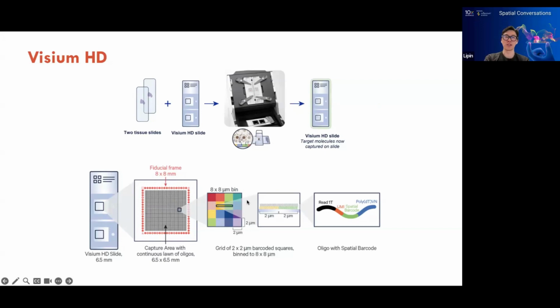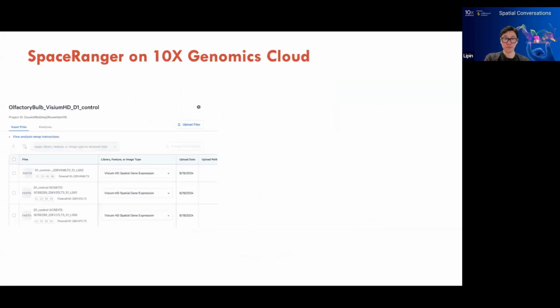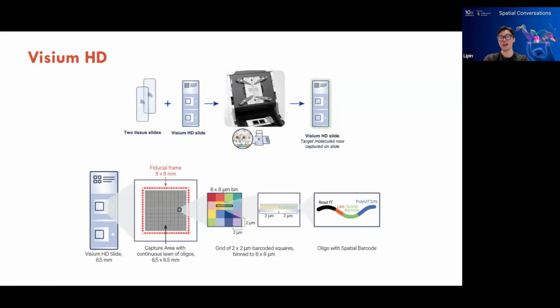Here you have a lawn of probes that have the UMI, spatial barcode, and oligo dT that captures your polyadenylated transcripts. And then, once you get that, the workflow is really the same as preparing your library from the single nucleus RNA-seq protocol.